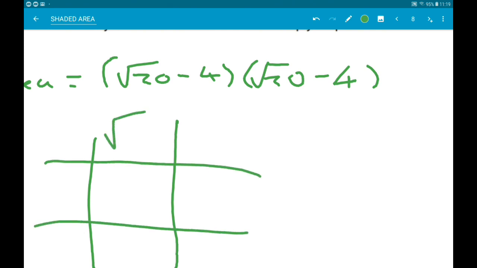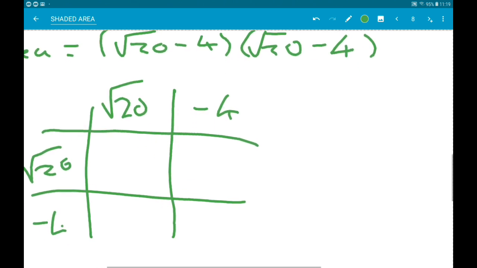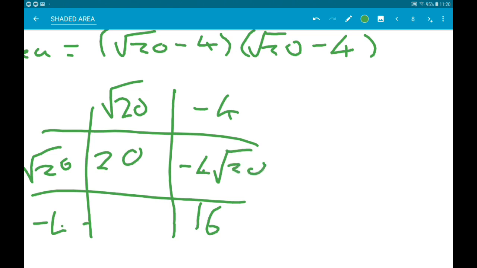So one bracket across the top, the other one down the left. Okay, now root 20 times root 20 is 20. Minus 4 times minus 4 is 16. And then minus 4 times root 20 is minus 4 root 20.